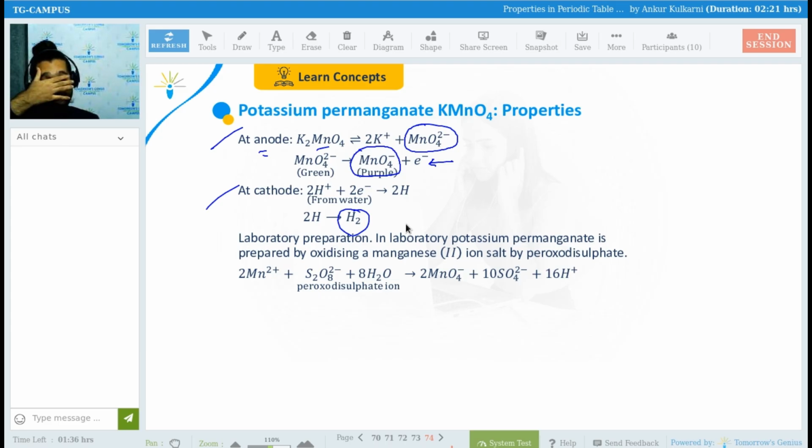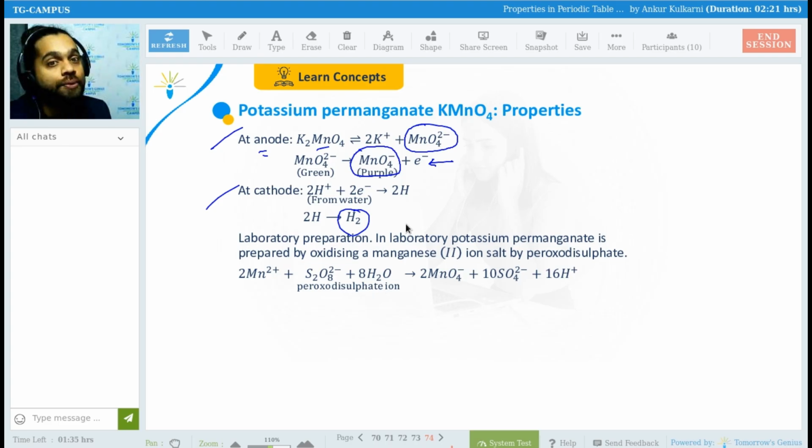Okay, so it undergoes oxidation to give you MnO4 minus, and at the cathode, hydrogen gas is released.